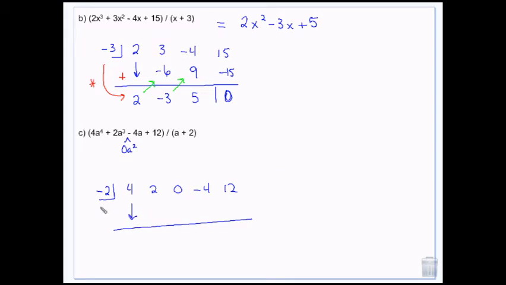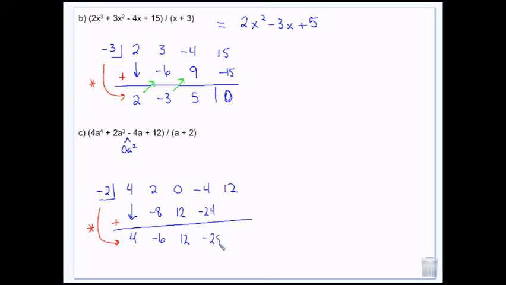Bring down that 4. Again, I'm going to multiply across the bottom. So negative 2 times 4 is negative 8. 2 plus negative 8 is negative 6. Negative 2 times negative 6 is positive 12. 0 plus 12 is 12. Negative 2 times 12 is negative 24.